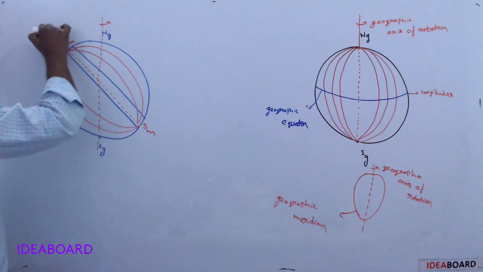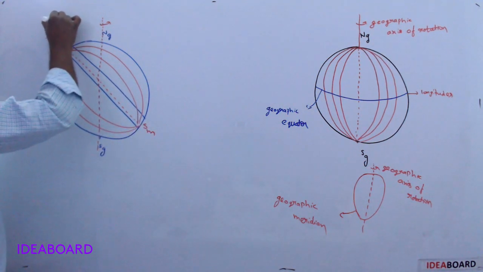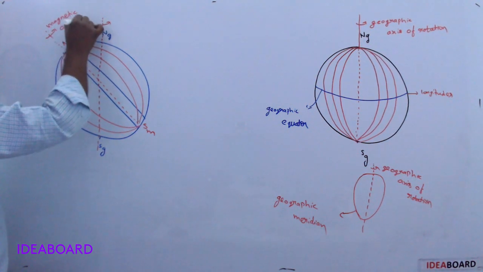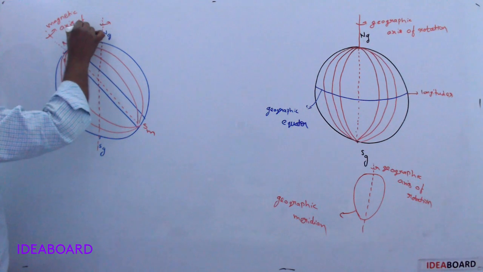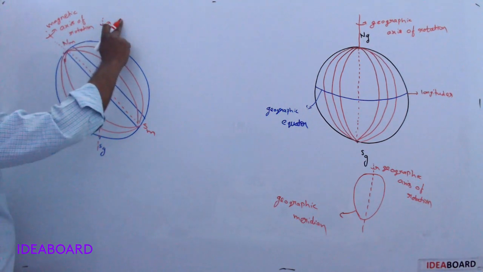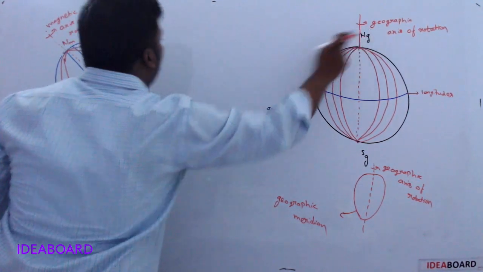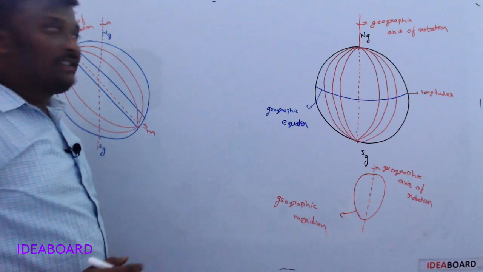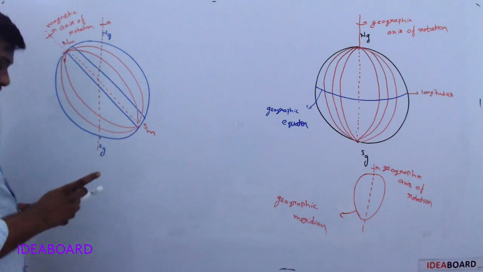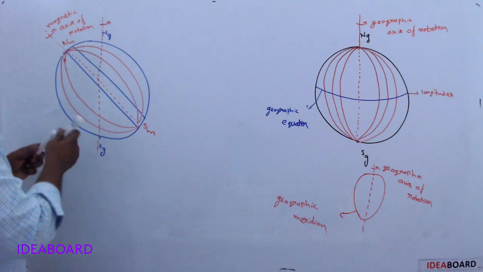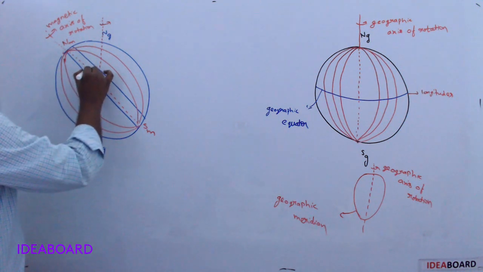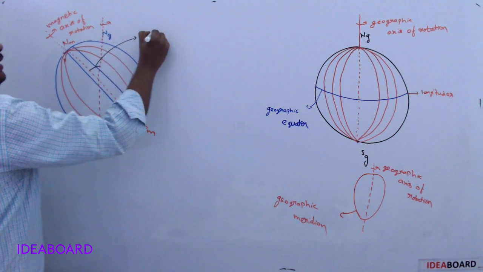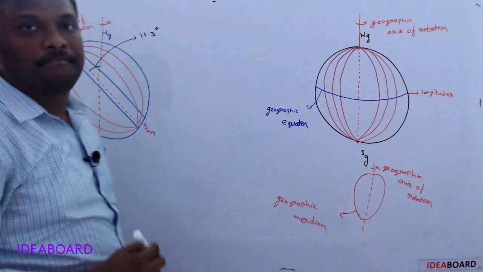This axis is called the magnetic axis of rotation. This is the geographic axis of rotation. Now, this is the magnetic axis of rotation. Understand? So here the magnetic axis and geographic axis make a certain angle. That angle value is 11.3 degrees.